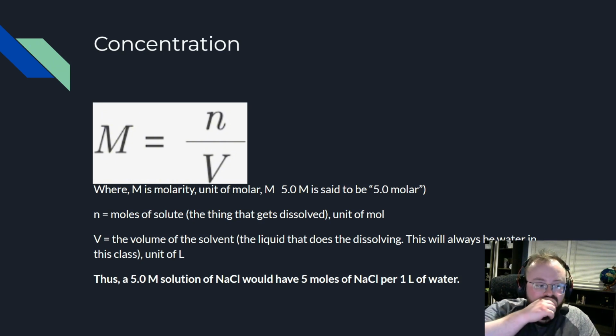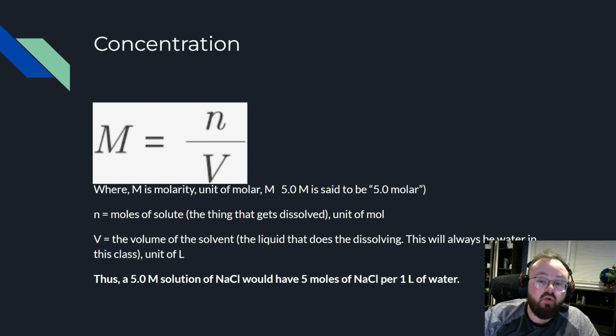The n at the top there is the moles of the solute. And that term solute just means what is being dissolved. In other words, what is aqueous? The aqueous thing is the solute, and the solvent is the water. It's what you dissolve it in. We're always going to have water as our solvent in this class.